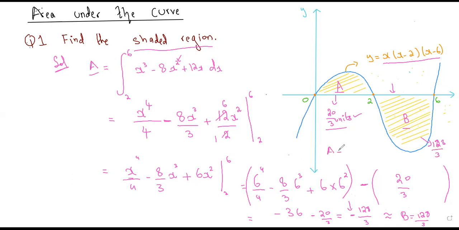And the area of shaded region would be A plus B. So the answer is going to be 148 by 3. Very good, 148 by 3. Excellent. This is going to be the answer.